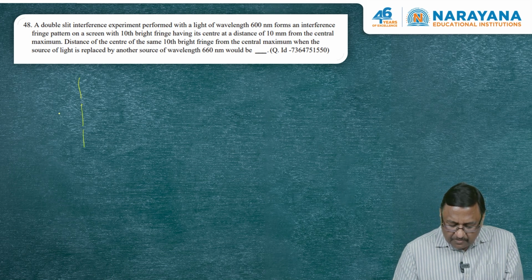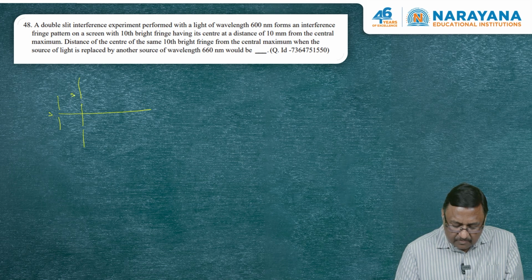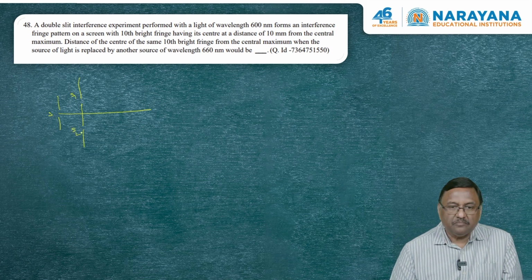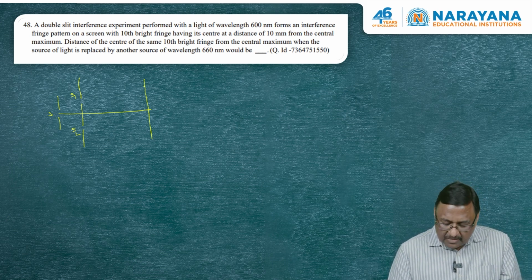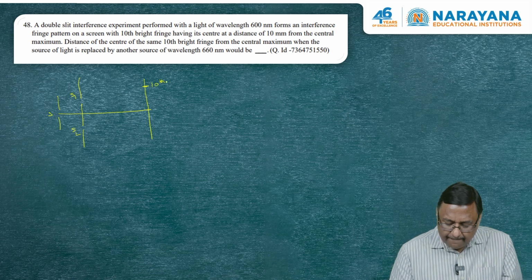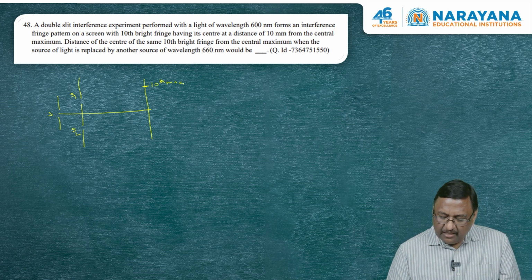If I consider this as my Young's double slit experiment, it is my single slit, it is my S1, it is my S2, this is my screen. Let us consider some large distance. Now we are saying here is the 10th bright fringe.